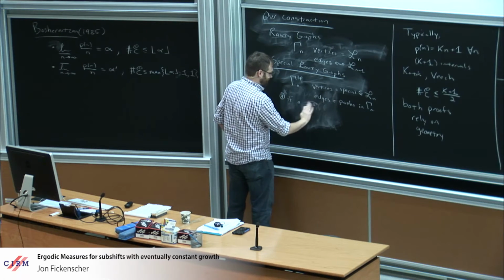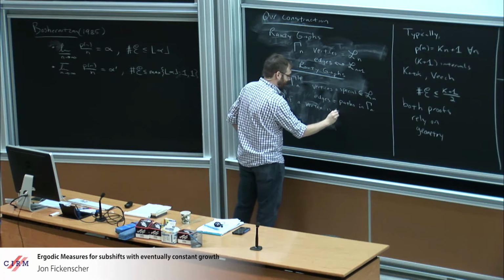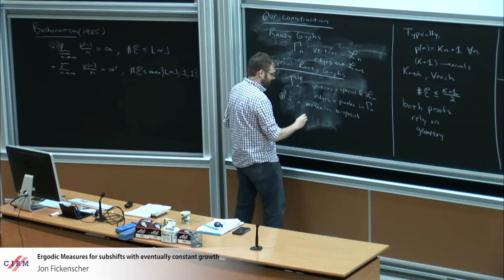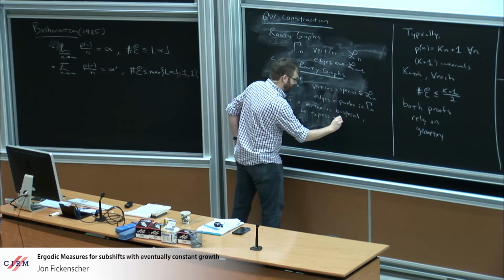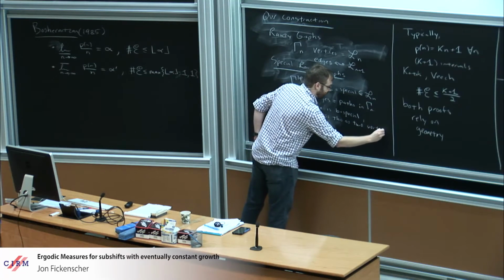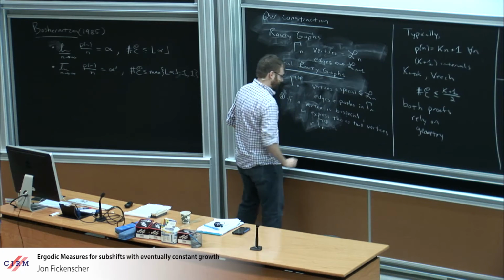If a vertex, which I'll now use instead of word, is bispecial, meaning left and right special again, we express this as two vertices in the special graph.